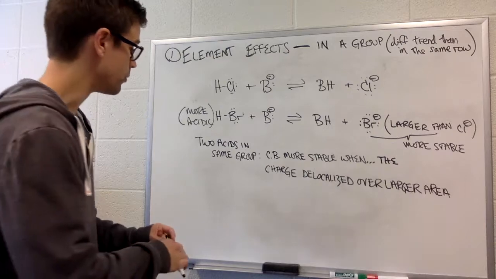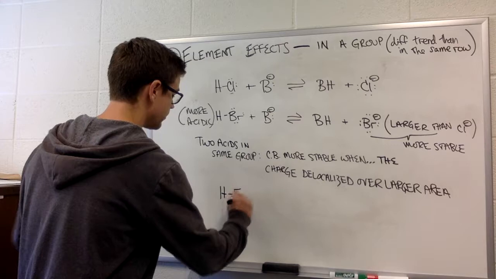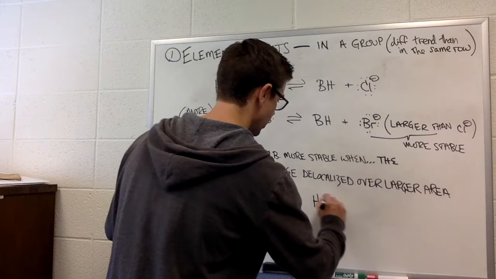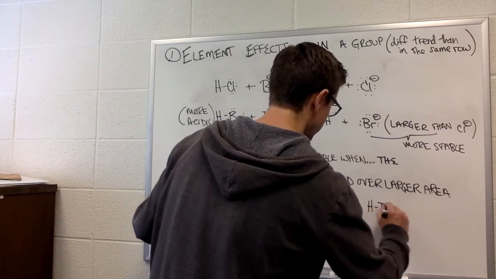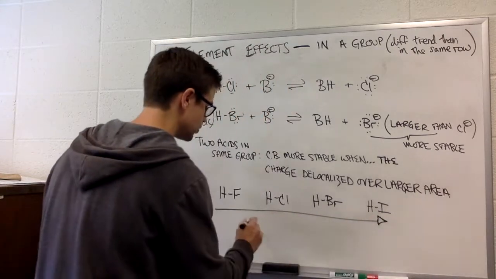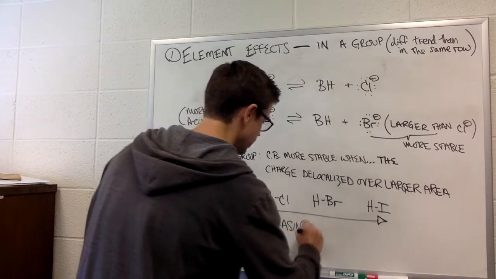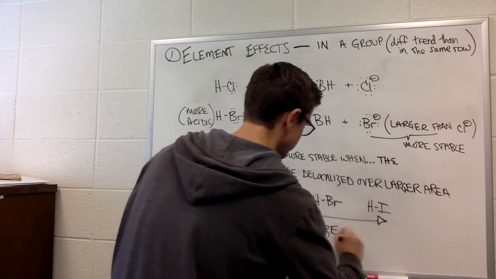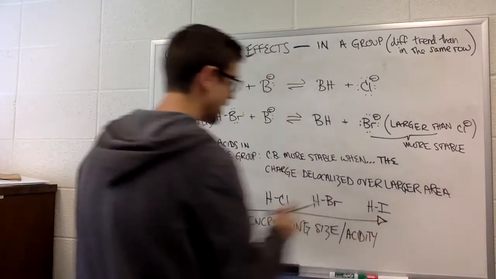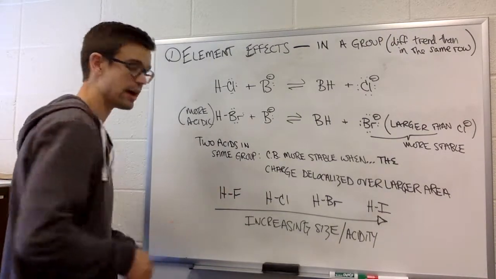If we draw out all of the atoms of the halogens, so HF versus HCl versus HBr versus HI, the halogen increases in size this direction, increasing size, and that's also increasing size and acidity. So HI is more acidic than HBr, is more acidic than HCl, is more acidic than HF.